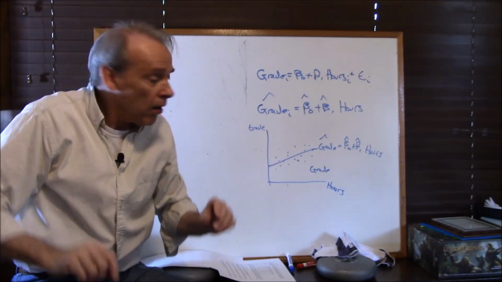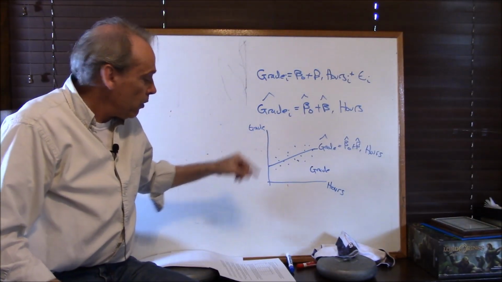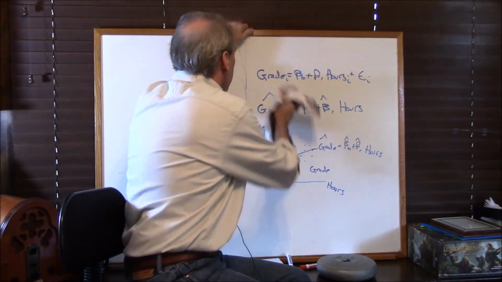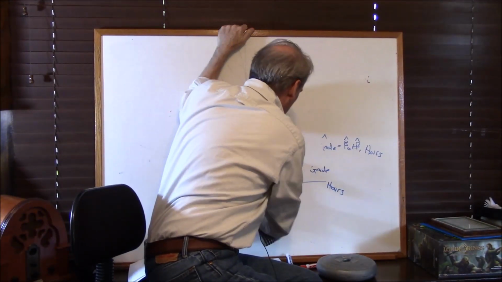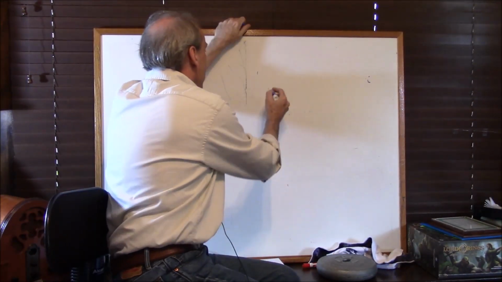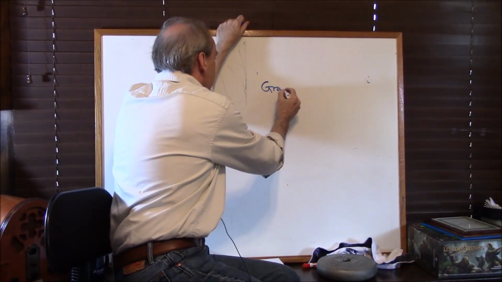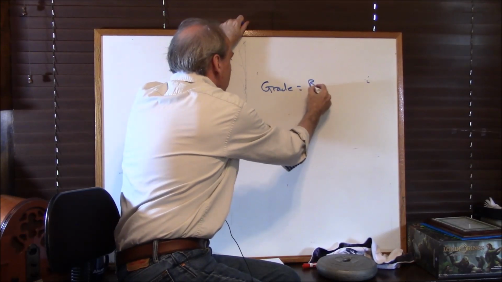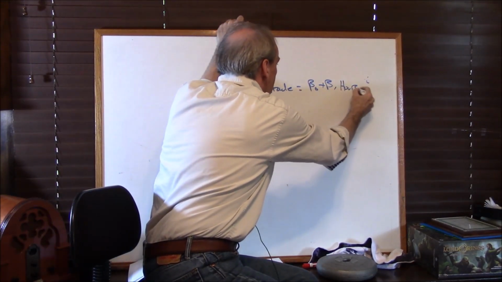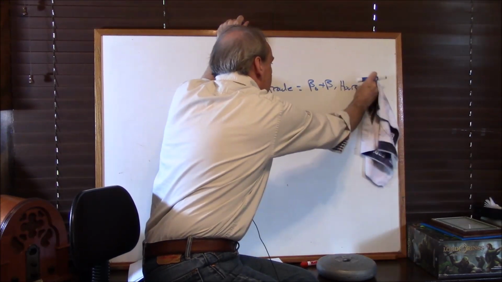what are we going to call the difference between, let me erase this and start it over. Grade equal to beta sub 0 plus beta sub 1 hours. There's a stray I up there.